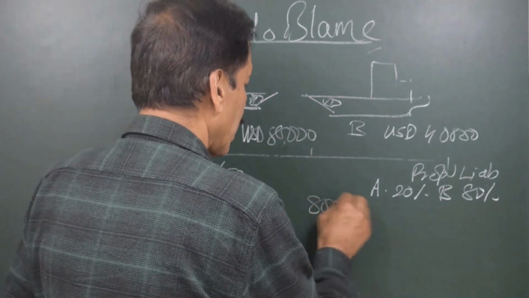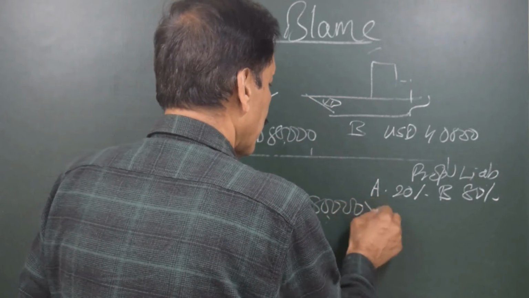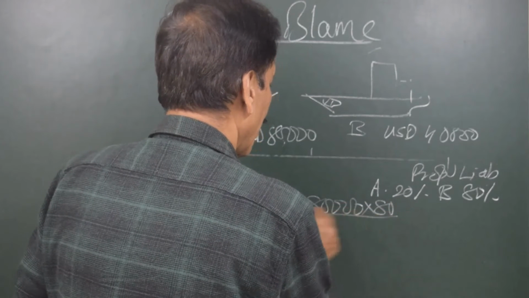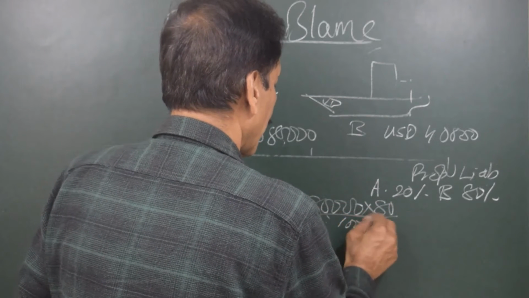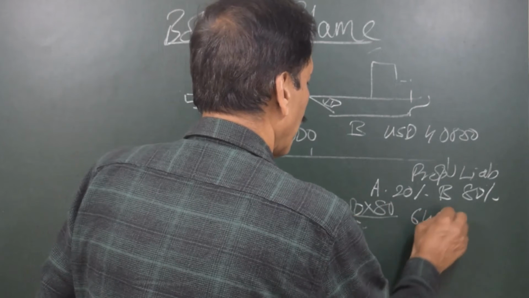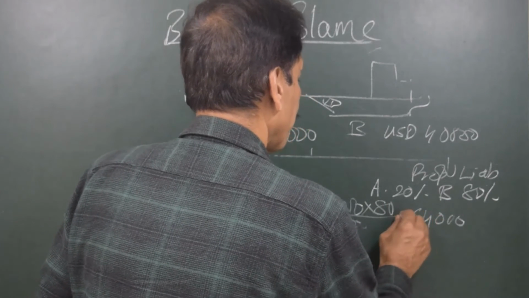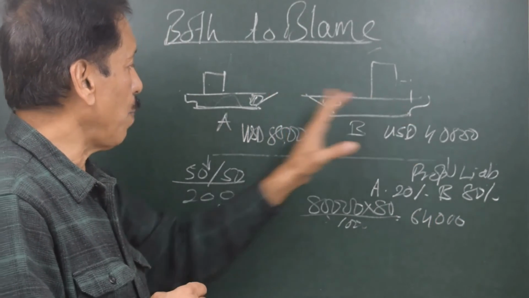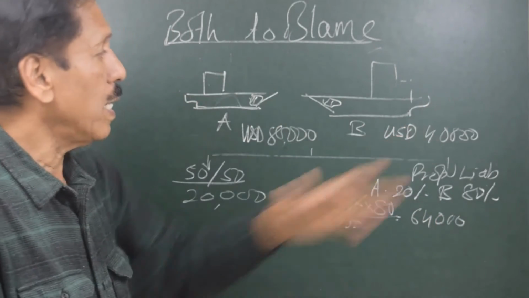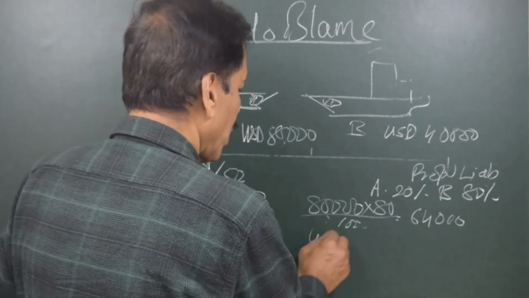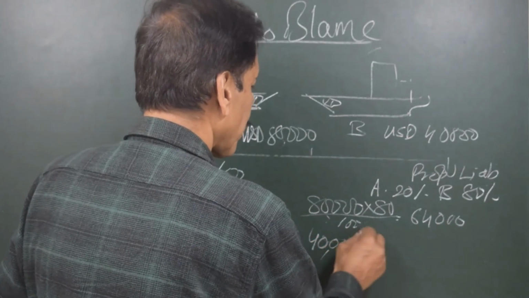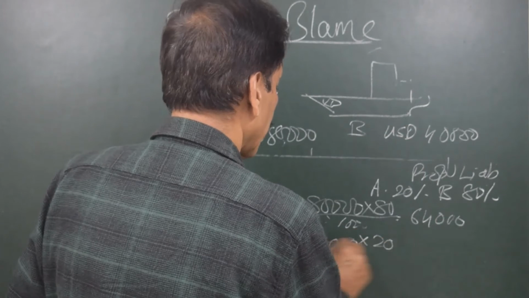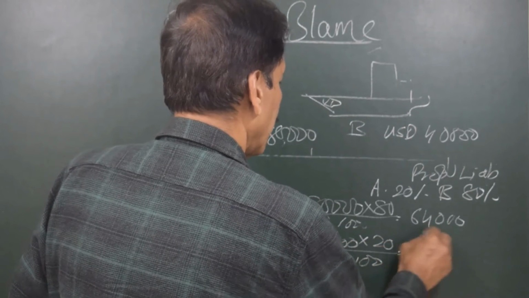So 80,000 at 80% would be 64,000 US dollars. That is the amount B will pay A, and A will pay B 40,000 multiplied by 20%, that is 8,000.